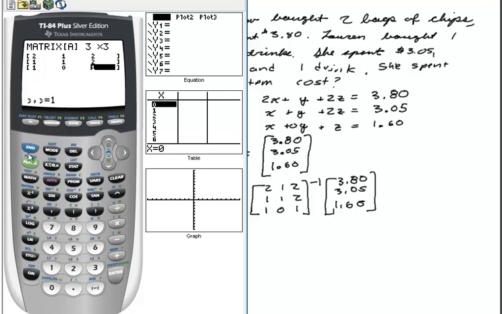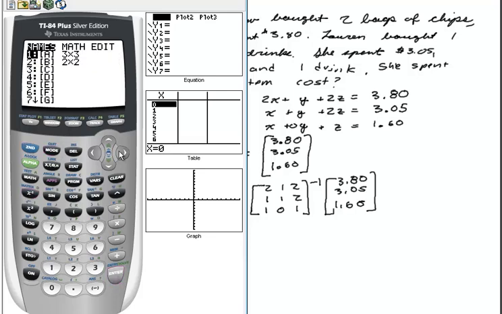Okay, so there's my first matrix. Row 3, column 3 is supposed to be 1. Make sure that's right. Enter. It is.